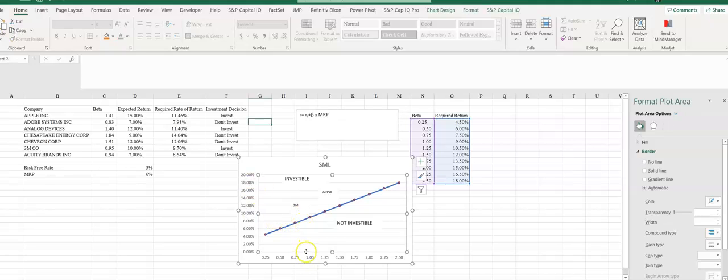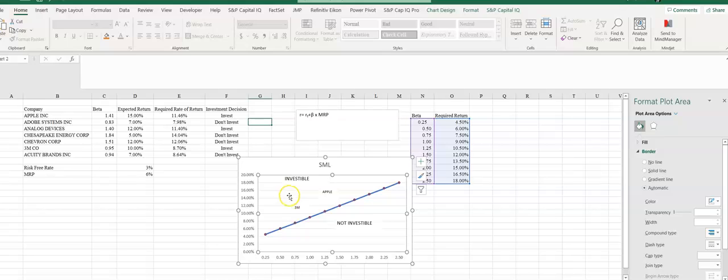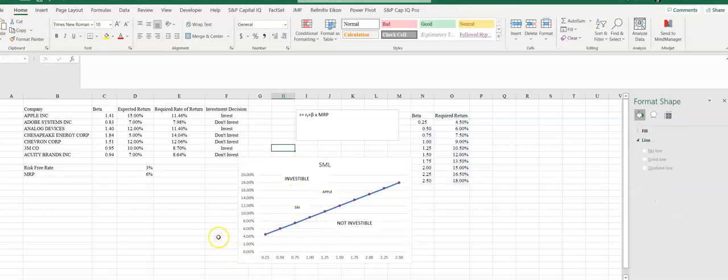Its beta is 0.95, which maps to this blue line. The 8.7 is on this blue line, but the expected return for 3M is about 10%, so it is above the line. So these are in investable territory.